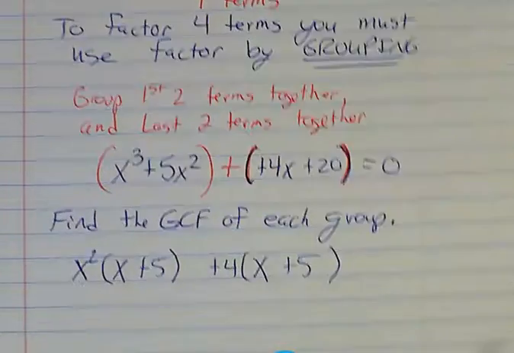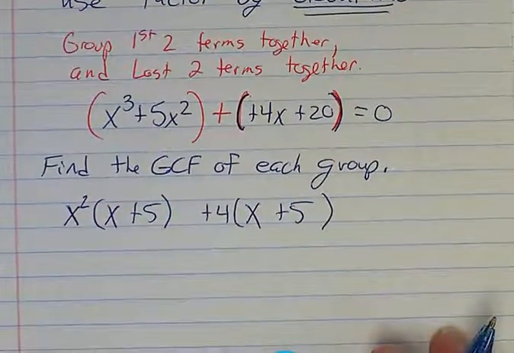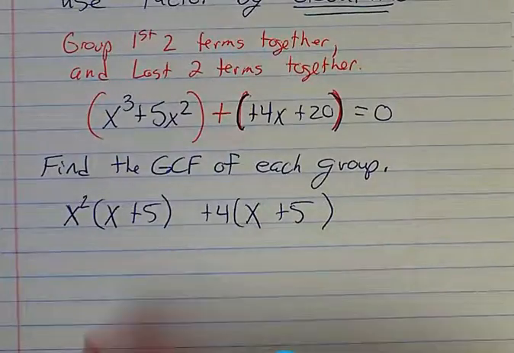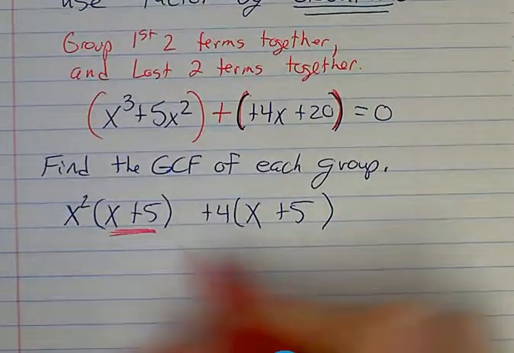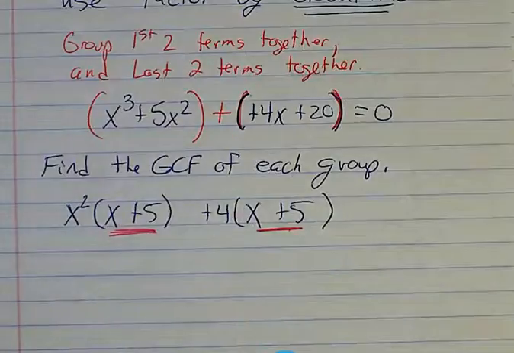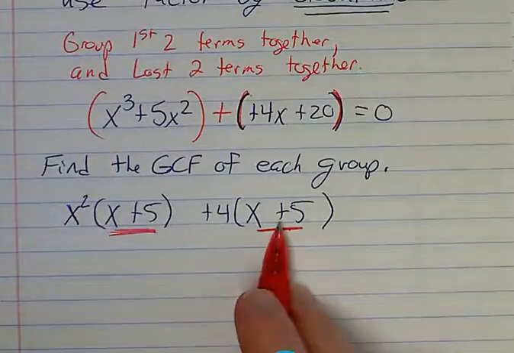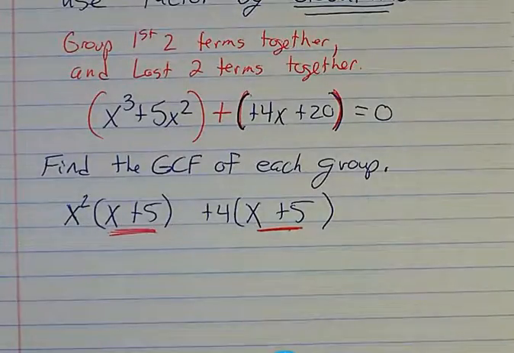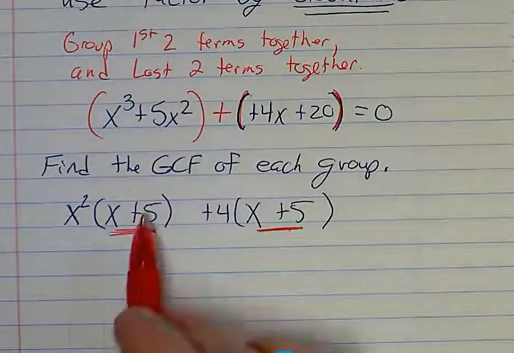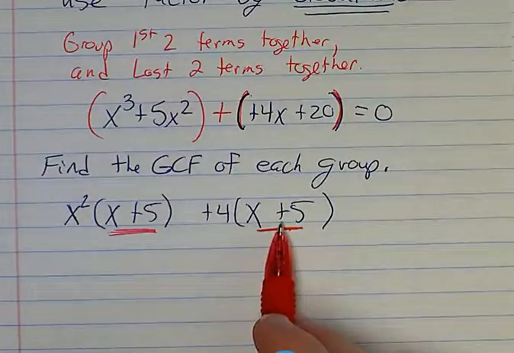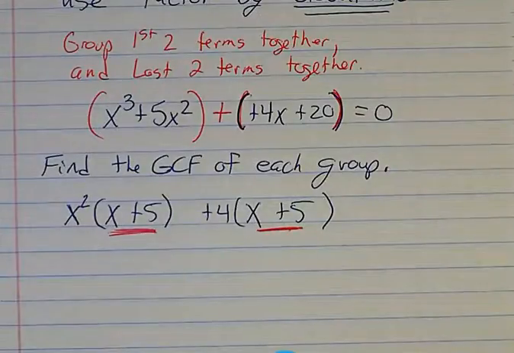Now, here's the great thing, if there's any great thing about the 4 terms. If you do factor by grouping, and these two things in the parentheses aren't the same, you know you did something wrong. Because if you do factor by grouping, these two things will always be the same. So if you get back and you've got one of these as x plus 5 and the other one's x minus 5, that lets you know, okay, I got something wrong with my signs.